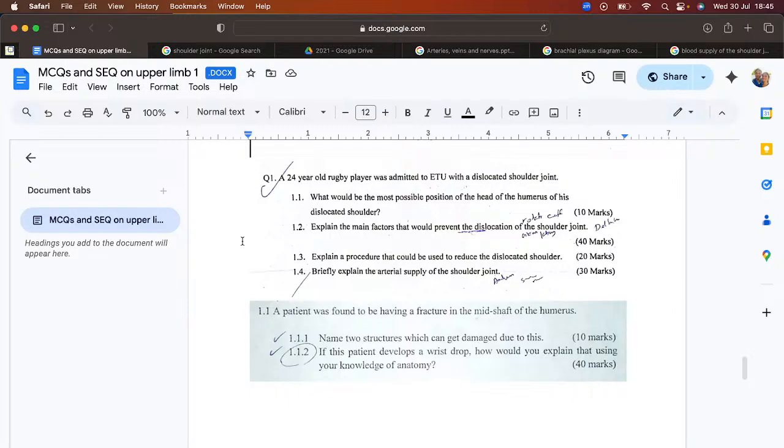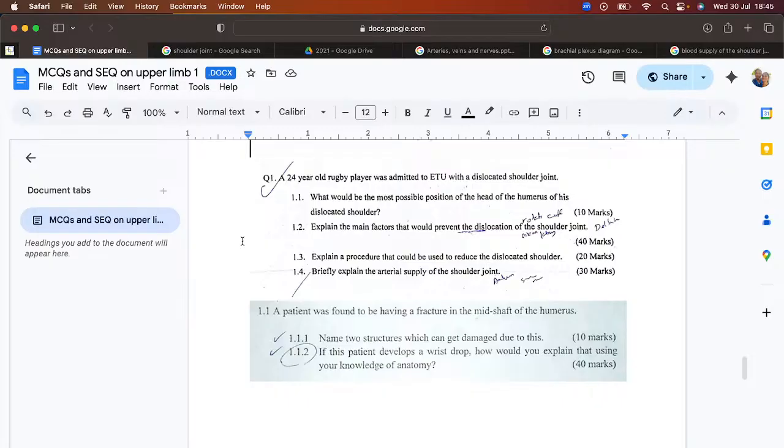So the best way to pass second MB, whether it's anatomy, biochem or physiology, is by doing the SEQs and MCQs. By doing SEQs, you get familiar with the style of questions they ask, so you know which questions are commonly asked, and you already formulate answers for them.